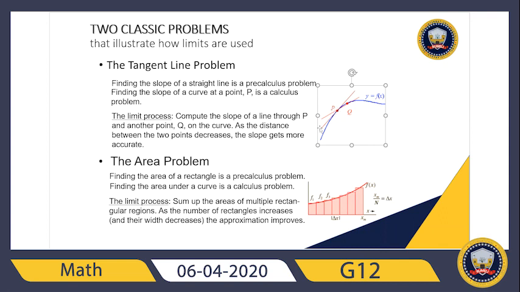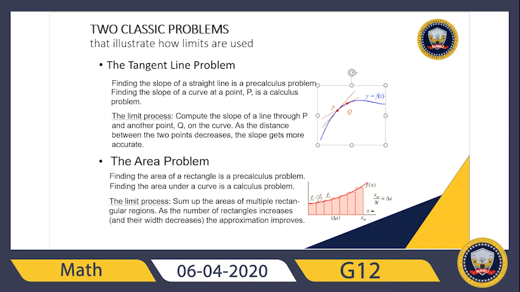This is why we need the new definition, which is the limit process: as the distance between these 2 points decreases, we will get a more accurate slope.